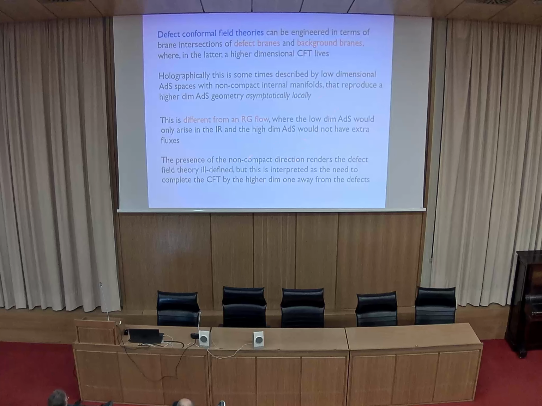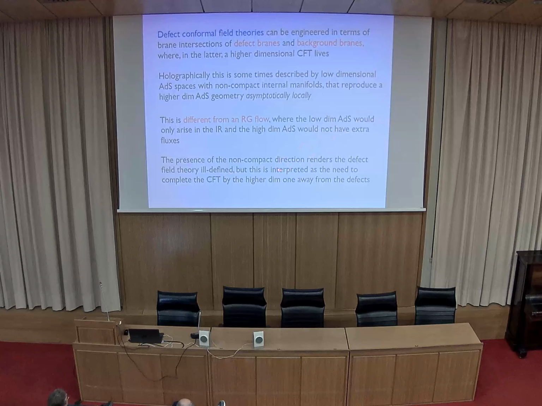So as I said already, when you have your low dimensional AdS space, you don't know yet whether this may be a defect CFT. What you see is that there is a non-compact direction that is complicating your life, because when you want to describe the field theory associated to this geometry, you need to define this non-compact direction in some way in order to define your low-dimensional theory.